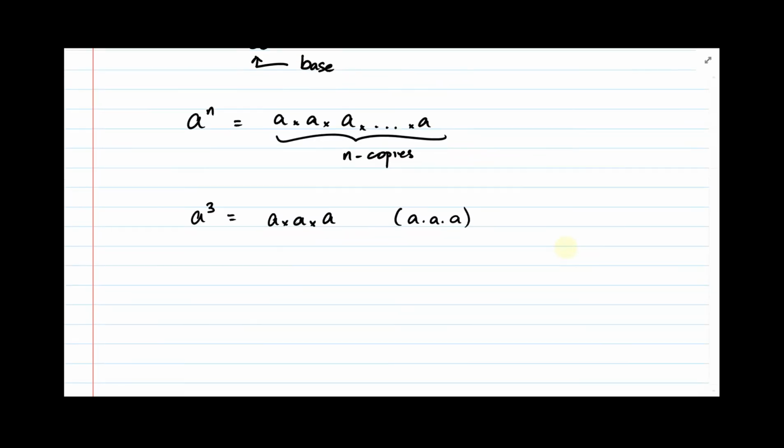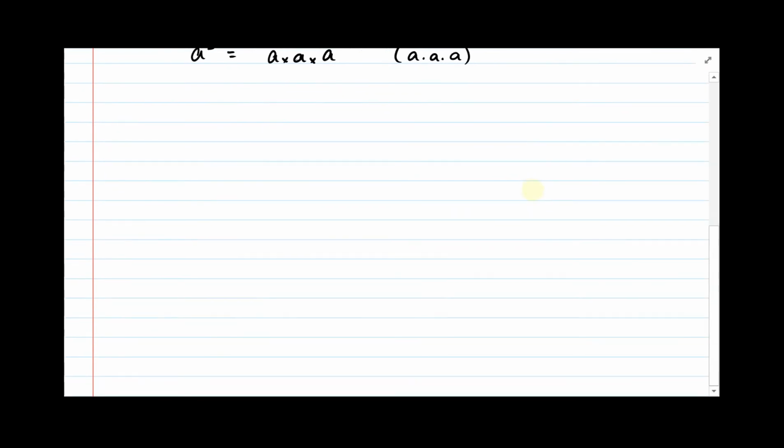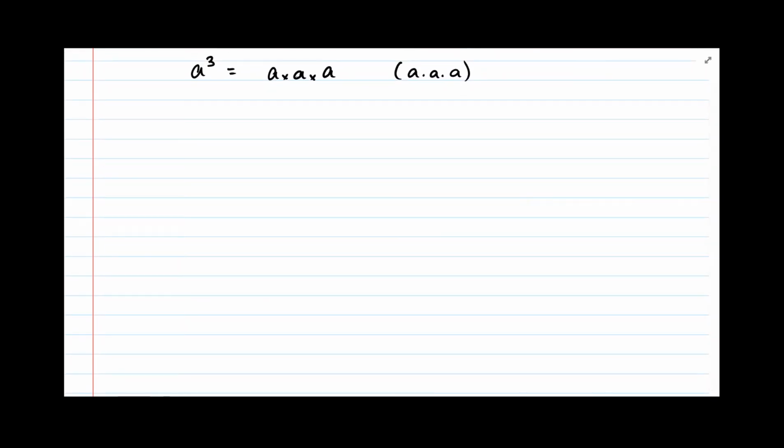Let's look at some of the rules that you've probably done, and more than likely you have some faint or great acquaintance with them. So let's look at some of the rules and how to think about them, just in case you have forgotten. One of the first principles that we probably remember was, if we were given a cubed times a squared, if we wrote this out the long way, we'd have 3 copies of a times 2 copies of a.